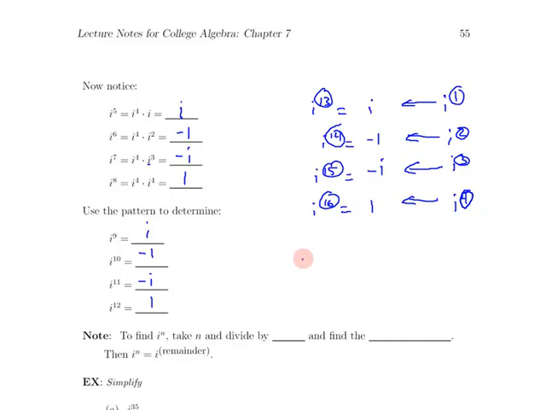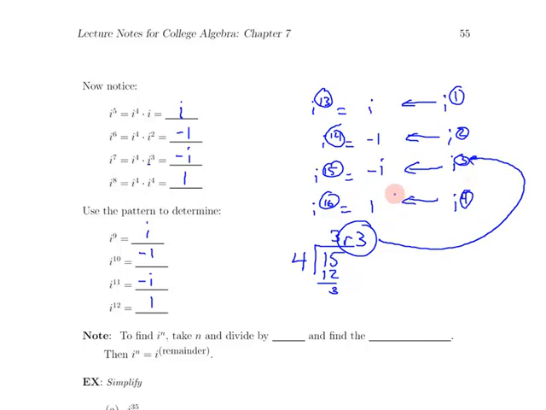Well, it's this operation right here. If I were to take, say, 15 and divide it by 4, using long division back from your grade school days, you'd say, okay, well that's 3. 3 times 4 is 12 with a remainder of 3. There is where that 3 comes from. It's the remainder that you get after you divide by 4.